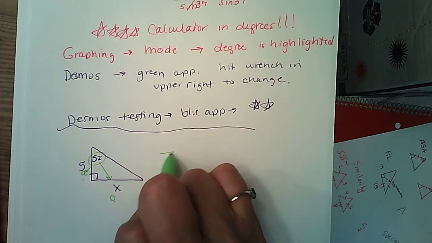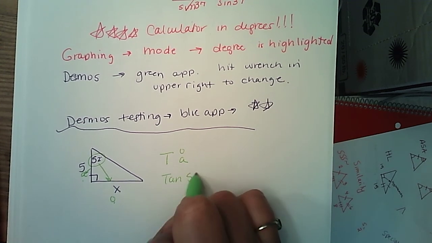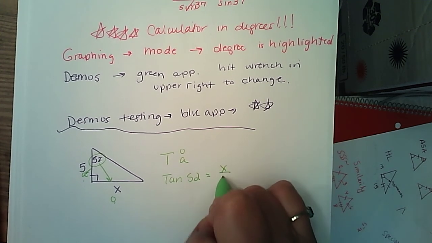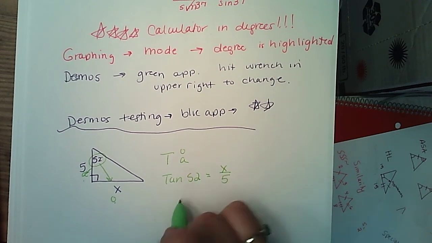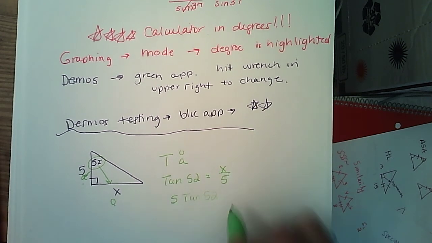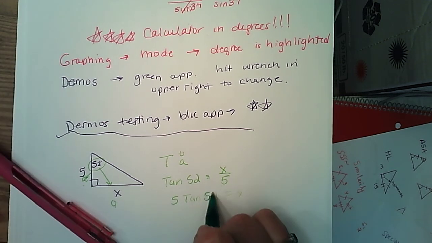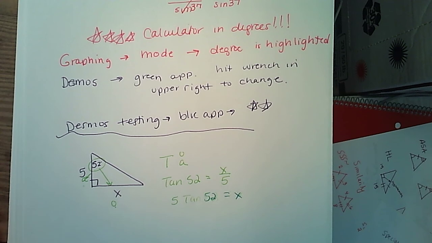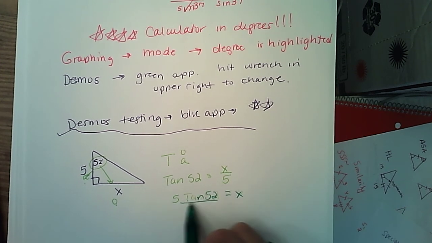Opposite over adjacent. So the tangent of 52 equals the opposite over the adjacent. Now, because X is in the numerator, I just multiply both sides by 5, so 5 tangent 52 equals X. And then we just solve it, whatever 5 tangent 52 is. Remember, tangent 52 is one whole thing, so it's just 5 times tangent 52.